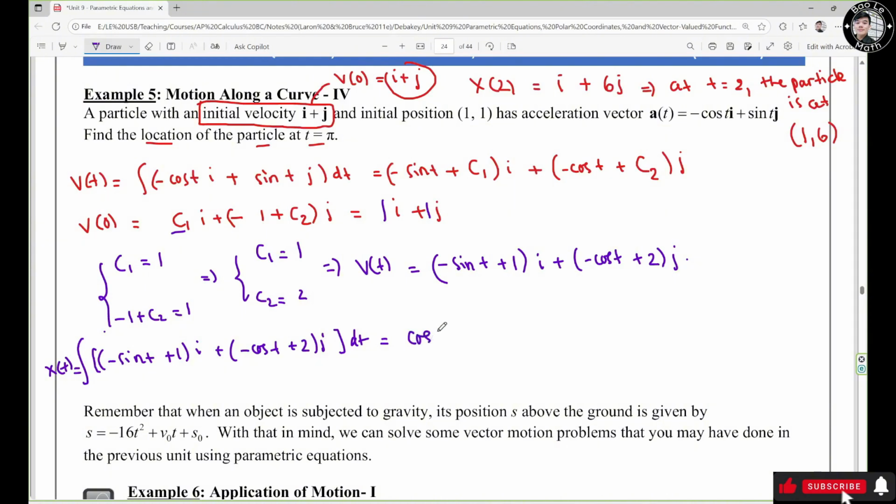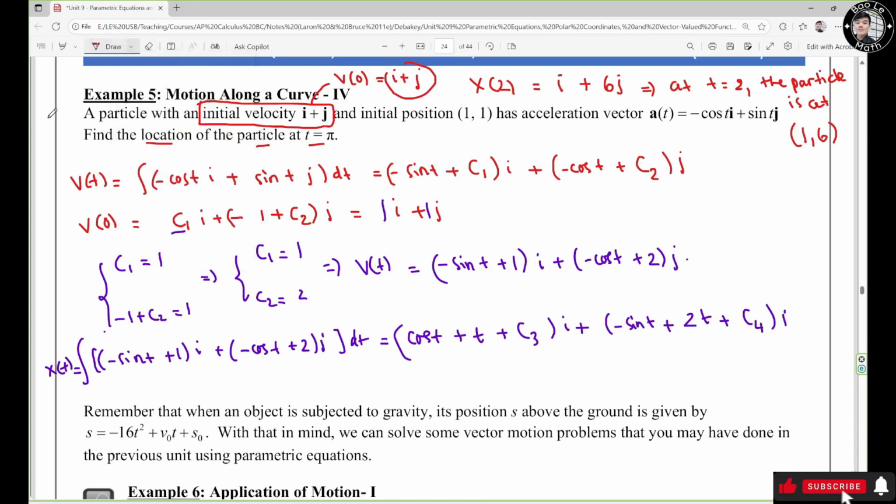So positive cosine t. The antiderivative of 1 should be t, right? So plus t. And then don't forget to add C3. This one is the i component, right? The antiderivative of cosine t is going to be sine t, right? So it's going to be negative sine t plus 2t, right? Plus C4 j, right?